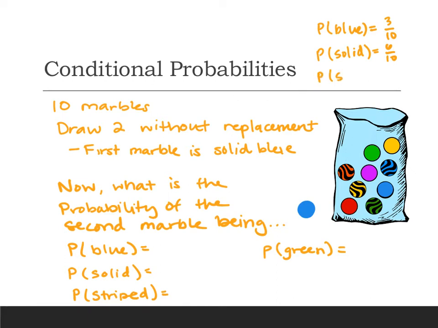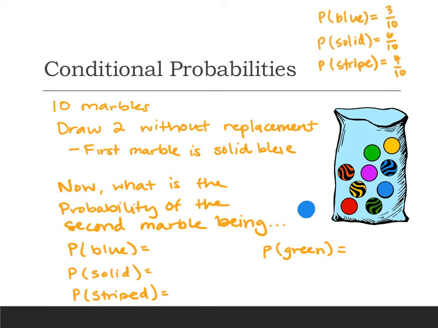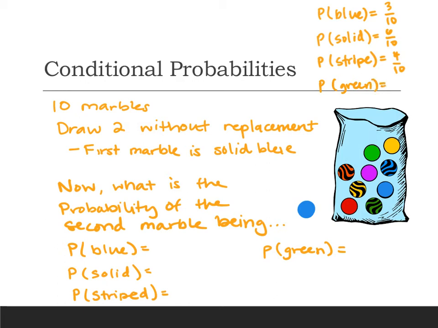The probability of getting one with stripes, 4 out of 10. And the probability of getting a green would be 2 out of 10.